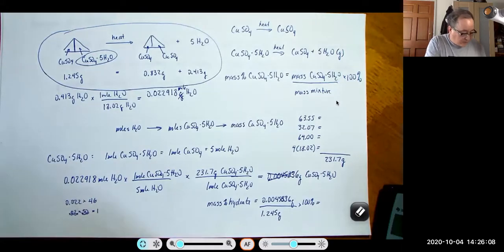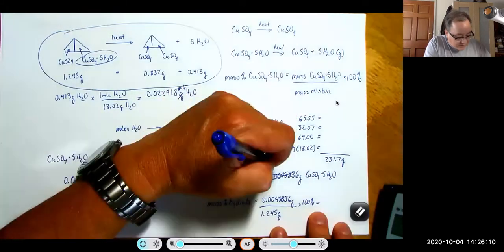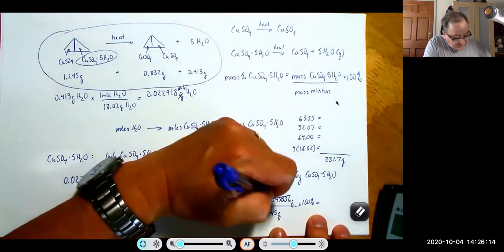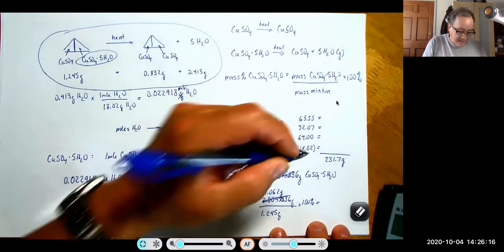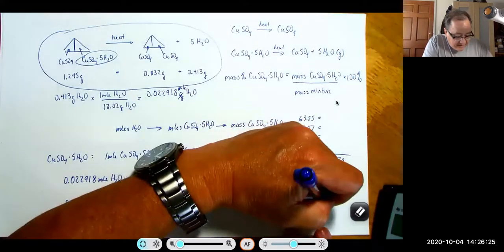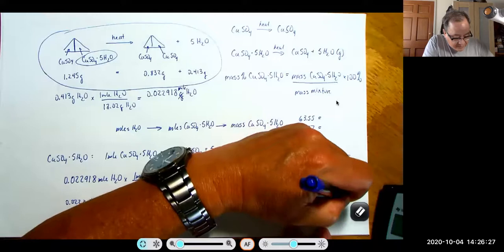All right, so I plug this into my calculator. I get 1.062 grams. This is 1.062 grams. And then we divide by 1.245. And we end up having 85.3%.